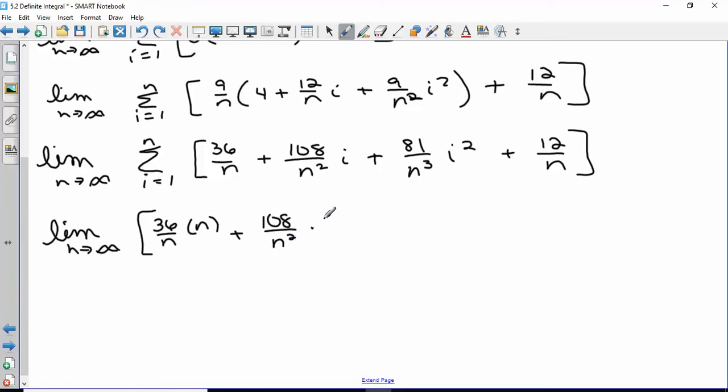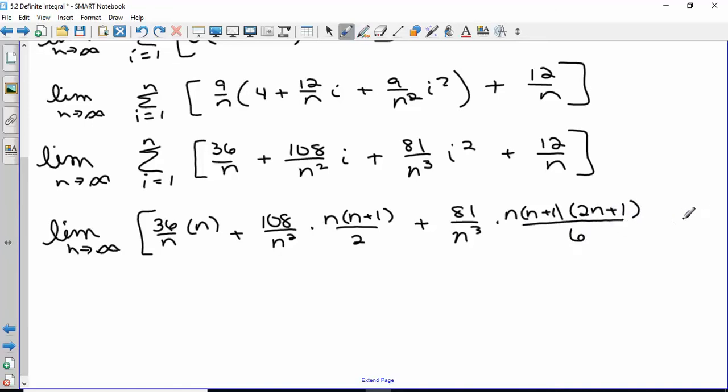Okay, the formula for i is n times n plus 1 over 2. Formula for i squared is n times n plus 1 times 2n plus 1 over 6.